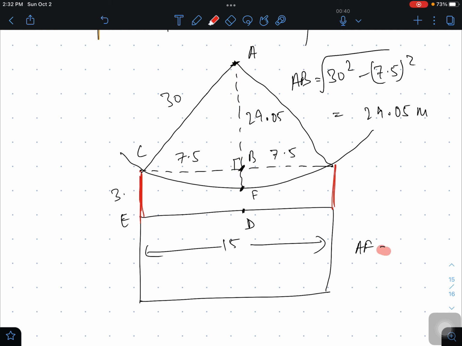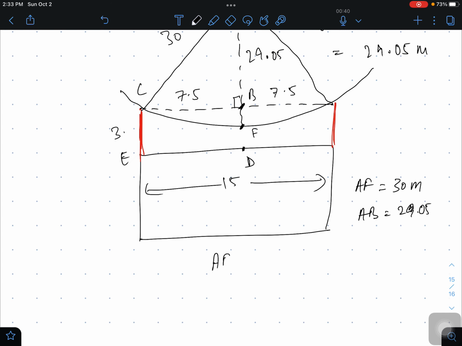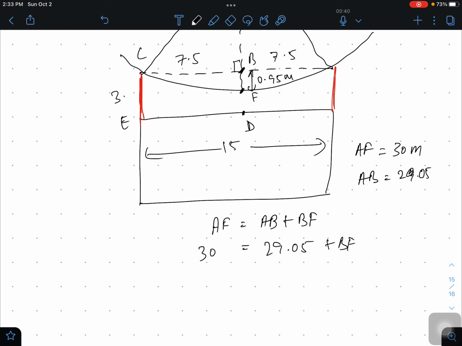So AF is equal to 30. And AB you have calculated 29.05, and AF is equal to AB plus BF. So we got the value of BF as 30 minus 29.05, which is equal to 0.95. So BF is 0.95.